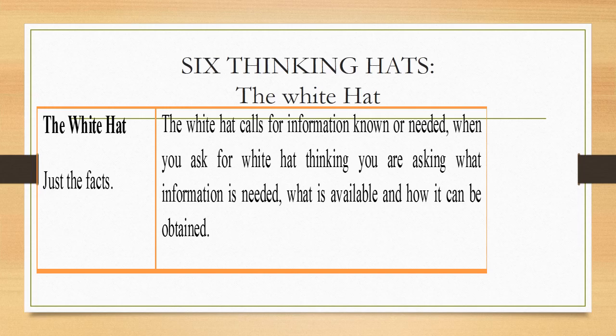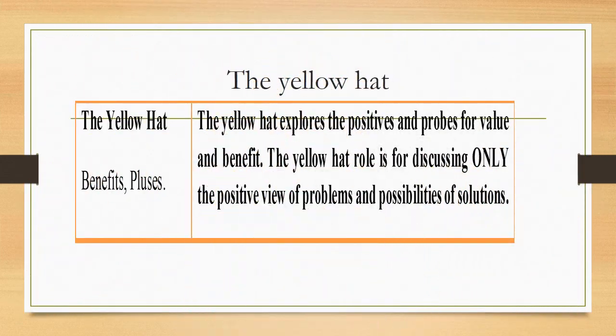So while wearing the white hat, you want to ask for just facts. What is the information you will build up your own hypotheses or your own critical thinking on?